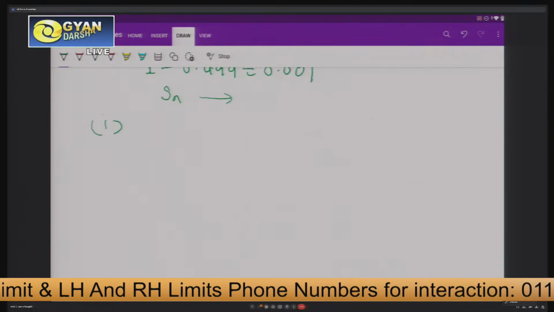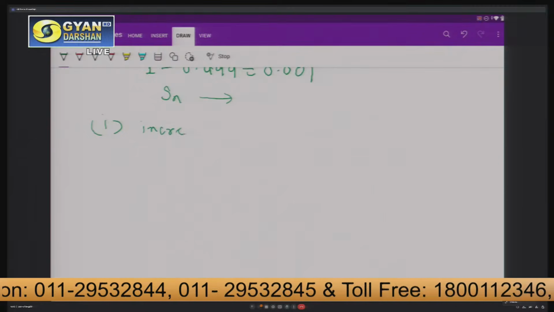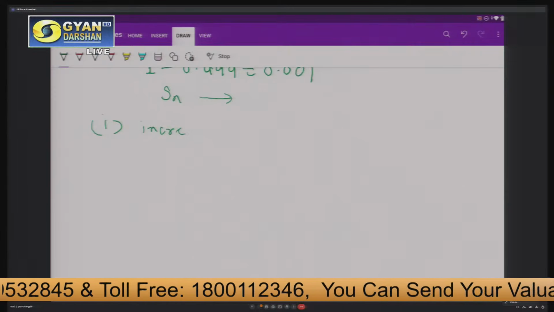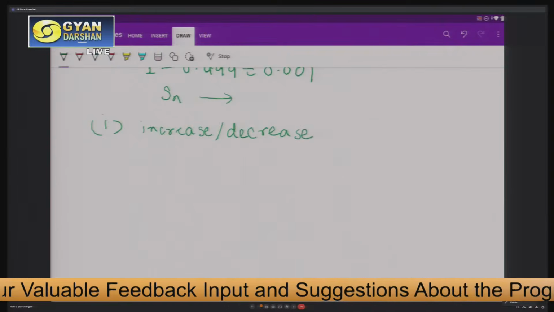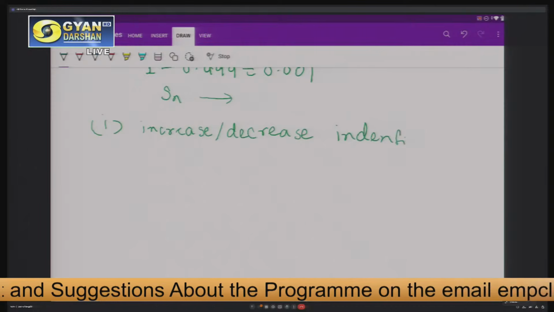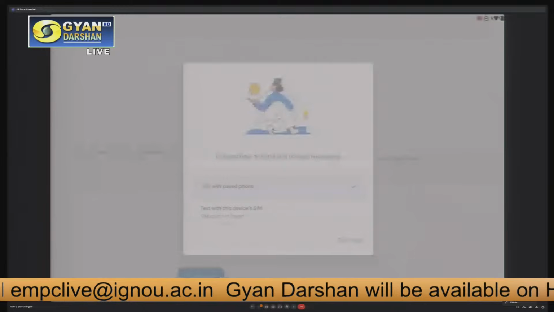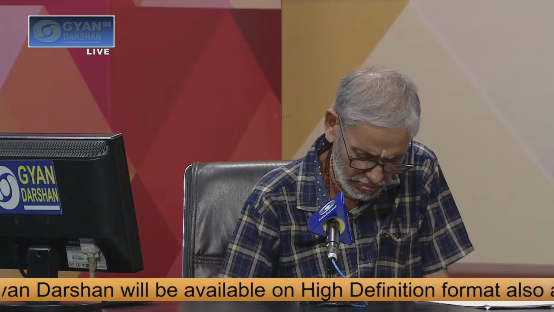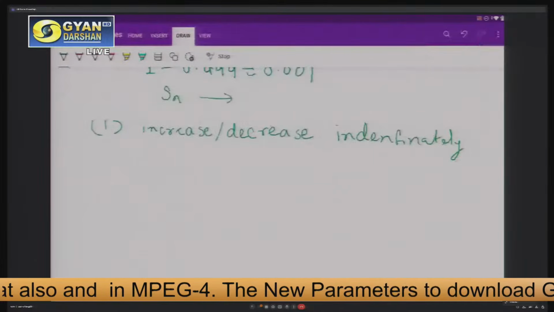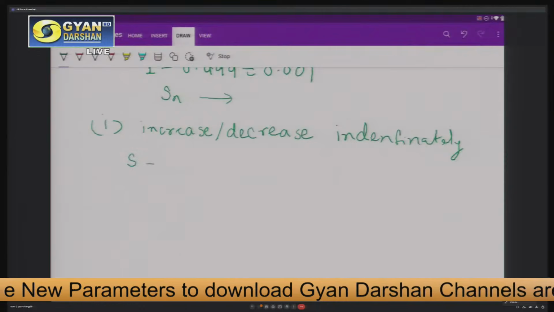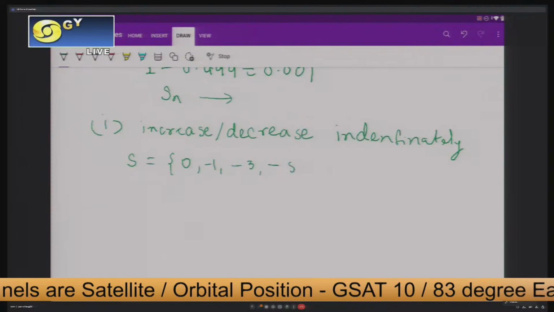There are sequences which increase or decrease indefinitely. Say this is a sequence: 0, -1, -3, -8.